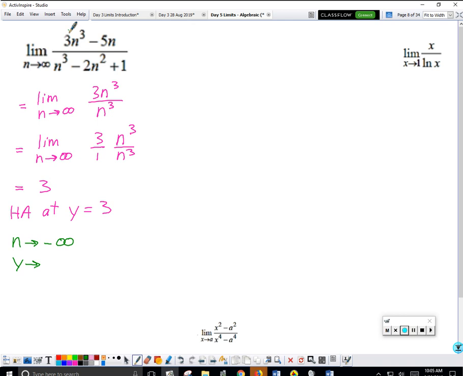But really, really negative added to not very much positive is going to be dominated by very, very negative. Okay? So really, I get the same place. I still just have this. By the same logic, the bottom still looks the same. So this is also 3. So I've just made sure that I don't have a different asymptote, which you normally don't, but sometimes. So the horizontal asymptote is definitely 3.